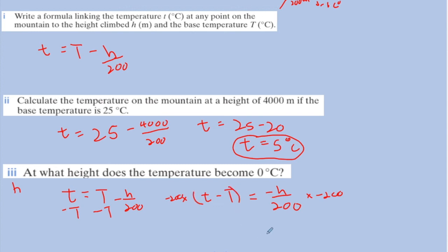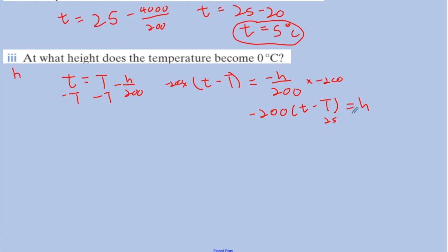And what I'm going to end up with is negative 200 times small t minus big T equals h. From here, we know our base temperature is 25, and we know our new temperature is 0. So negative 200 times 0 minus 25 equals h.